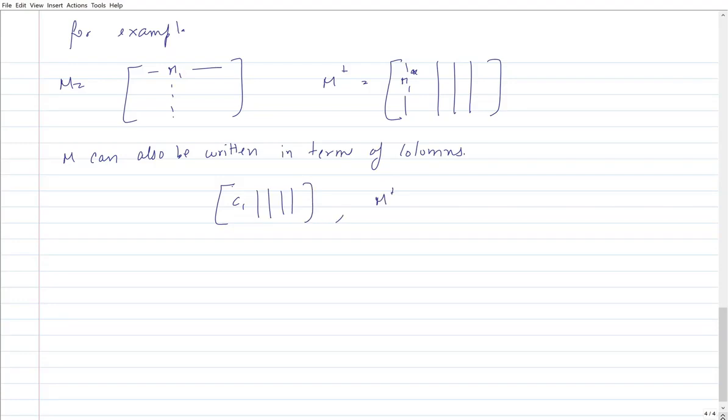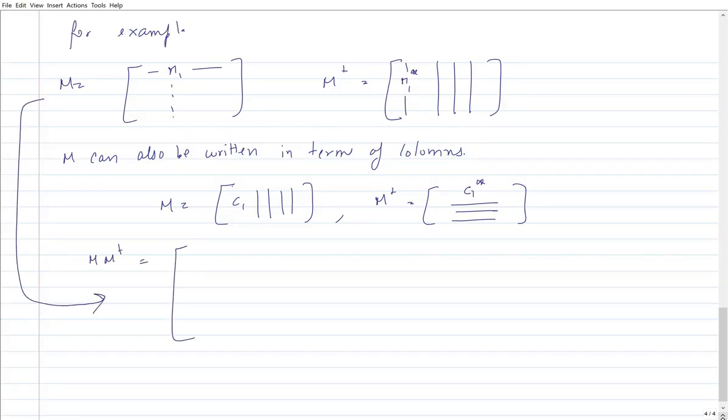Then M dagger becomes those columns show up as rows. So in other words, M dagger from this guy becomes R1 squared, because this is going to be multiplied by this guy, and some other terms.